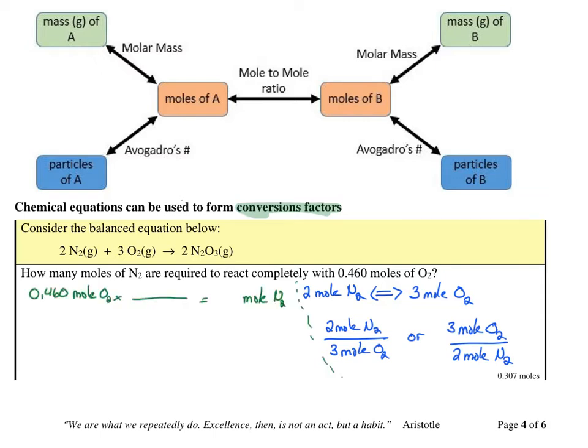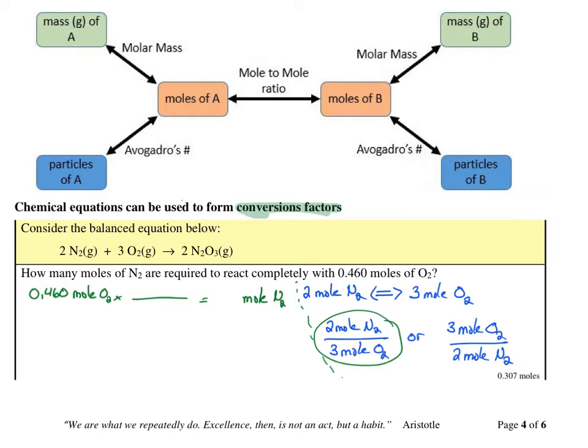So we rewrite the measured number we're given with its unit, and where we want to go. We want to cancel out moles of O2 and end up with moles of N2. So we need to choose the version of the conversion factor that has moles of O2 in the denominator and N2 in the numerator.